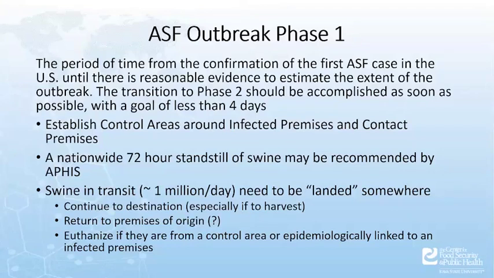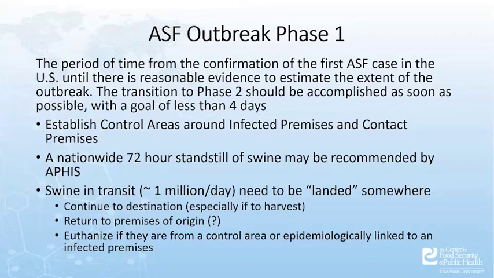Those pigs that are in transit when the first case is discovered need to be landed somewhere. The recommendation is they should continue to the destination, especially if it's to a harvest facility.